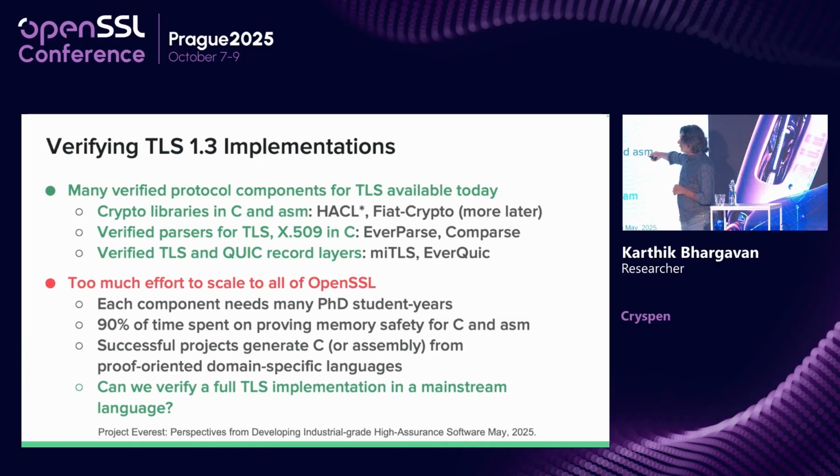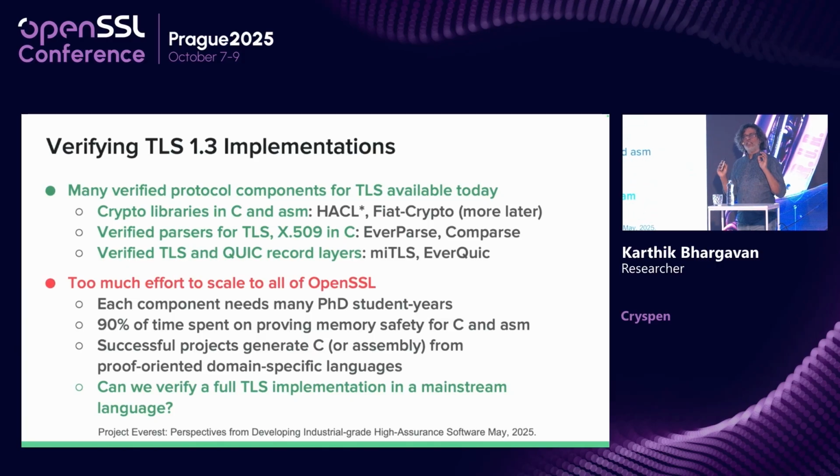And one of the key things there is that when we do these kinds of proofs for C and for assembly, whether it's for crypto, for parsing, for whatever, about 90% of the time we spend is on proving memory safety. Just proving that things are in bounds is, by far, a very boring task. It kind of kills PhD students. But unless you do that, you cannot prove anything else, and you spend most of your time doing that sort of thing.